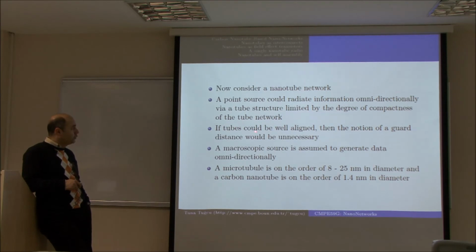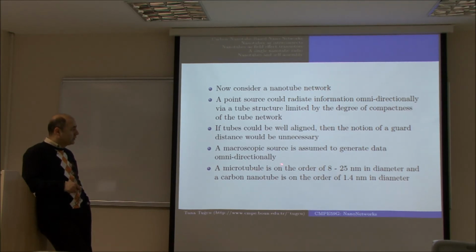So if the tubes could be well aligned, then the notion of a guard distance would be unnecessary if you can align them properly so that you don't have that interference. You don't need to consider the interference. And a macroscopic source is assumed to generate the data in an omnidirectional manner.